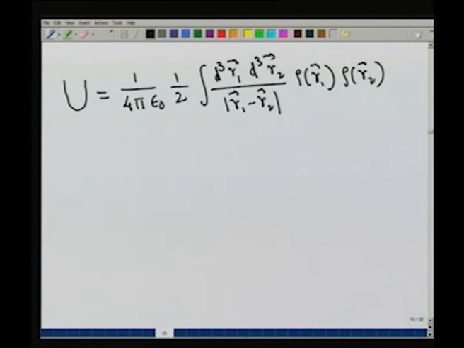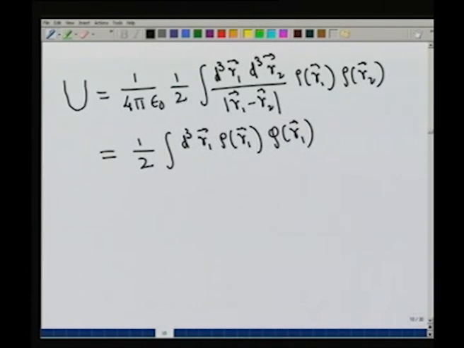Notice earlier I was very careful. I used to write rho 1, rho 2. I am not doing that. I have written rho of R1 and rho of R2. Now we all know the expression for the potential produced at a point R1 because of the charge density. This is nothing but half integral d cubed R1, that is what I have, rho of R1 phi of R1.